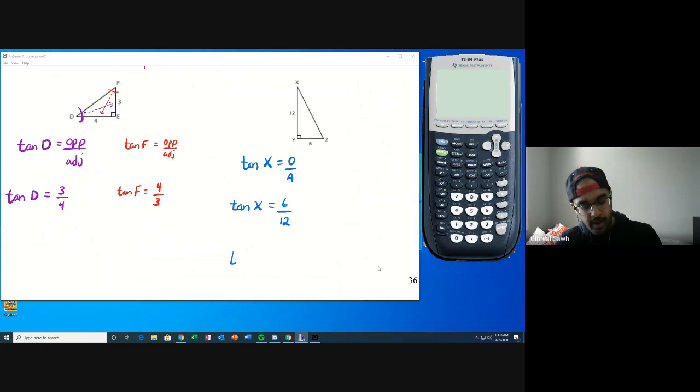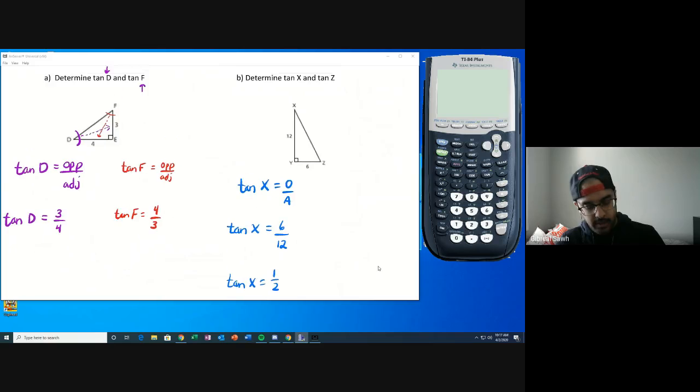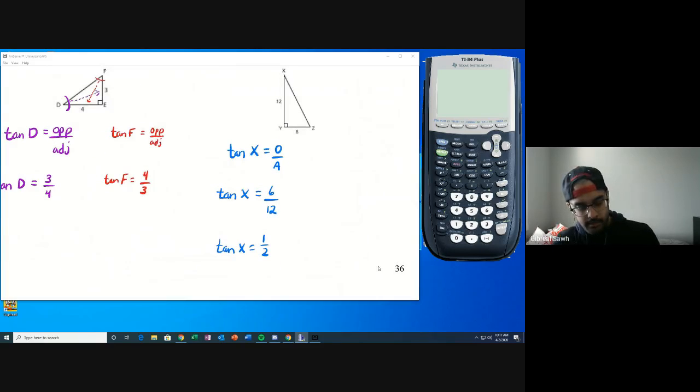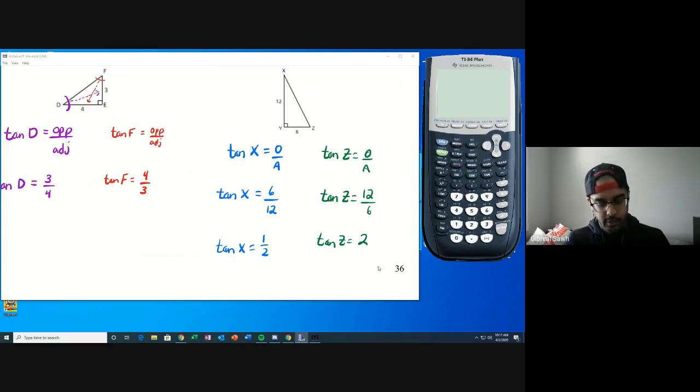We could reduce that fraction, and the tangent of x is equal to 1 over 2. If we do the same thing for the tangent of angle z, again, it's opposite over adjacent. So the tangent of angle z is going to be 12 over 6, and again, you can reduce that fraction.